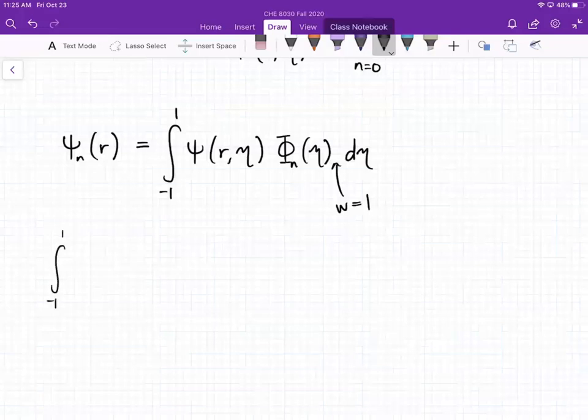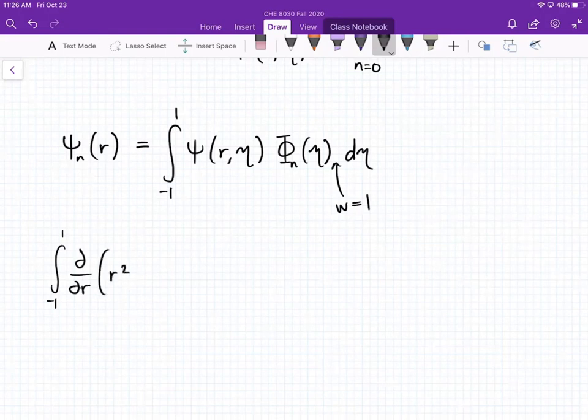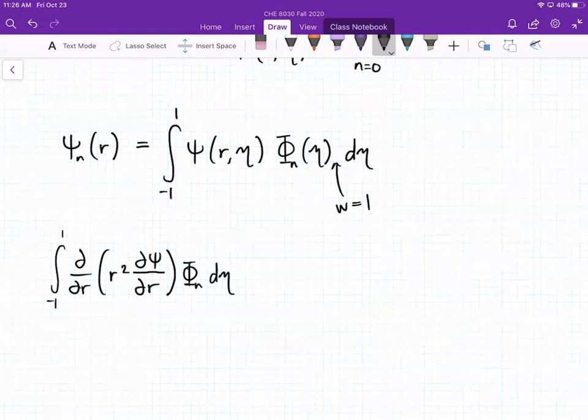So we'll start with the first term on the left-hand side of the equation. That farthest left term on the left-hand side of the equation is not a function of eta at all, so it directly pops out of my integral.